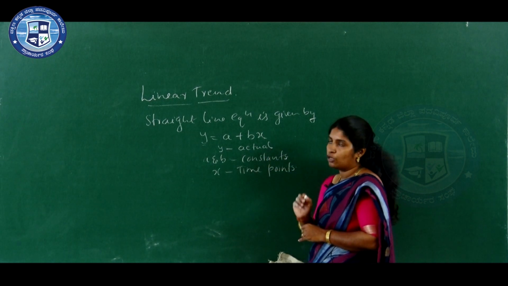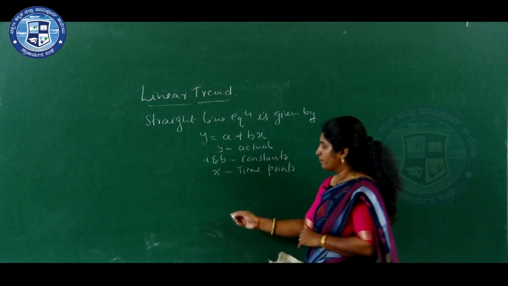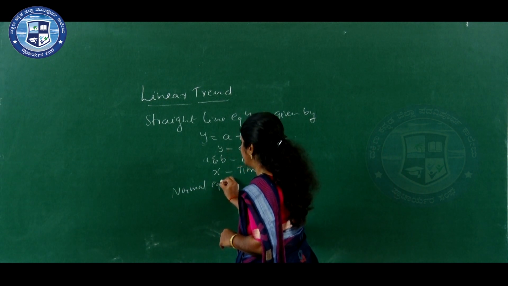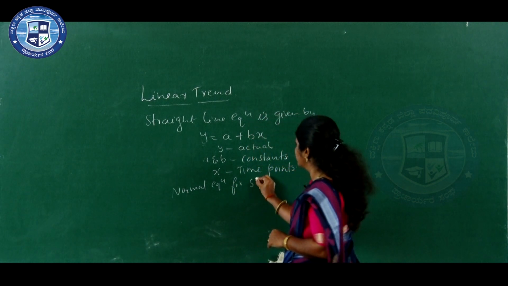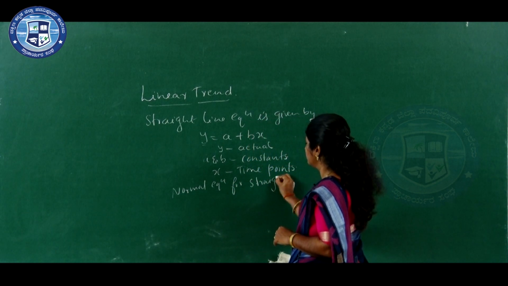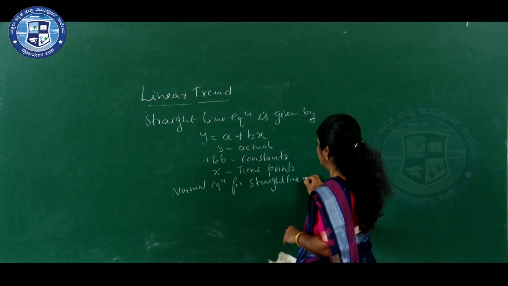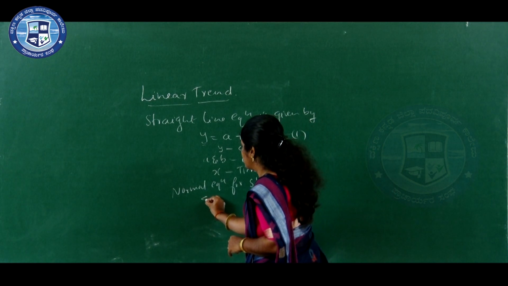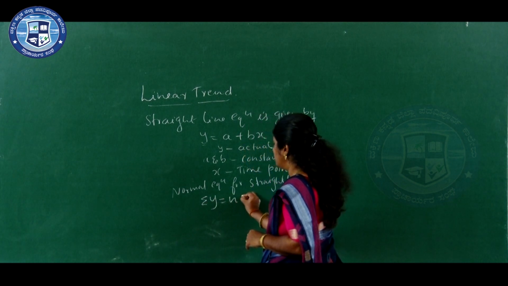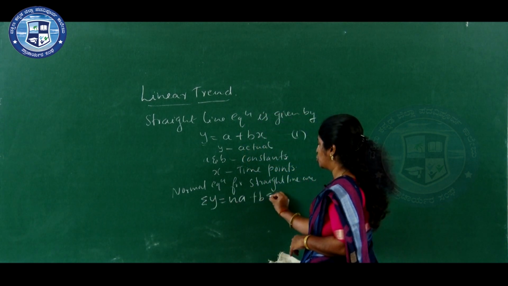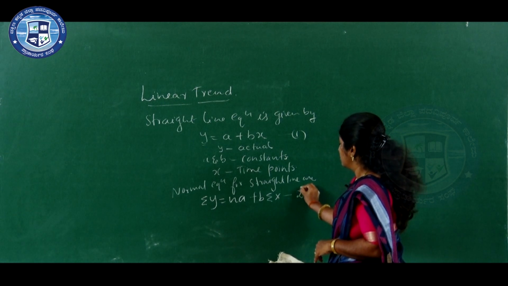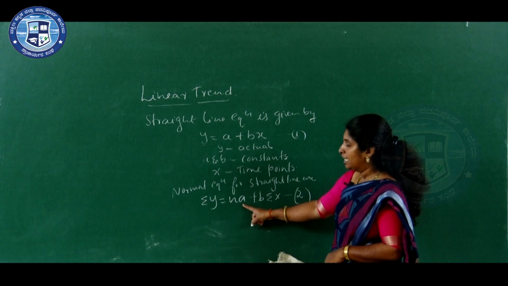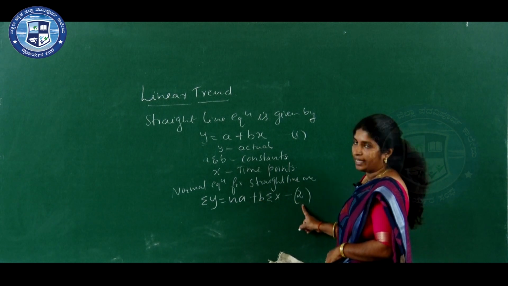Now the normal equations for straight line are: first, summation y is equal to n a plus b summation x.